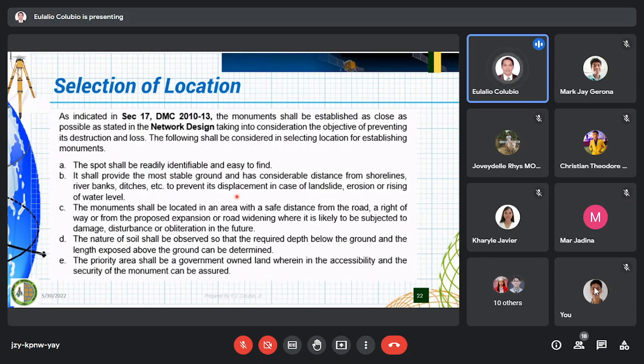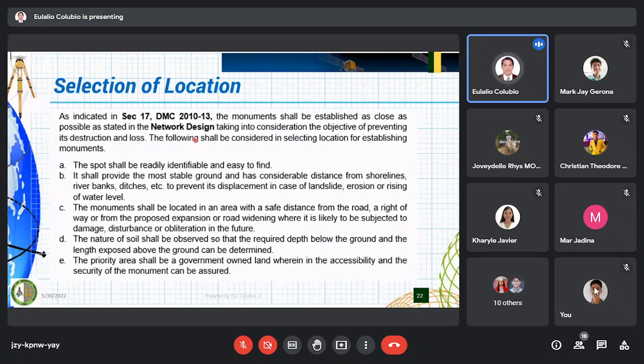As indicated in DMC section 17, the monuments shall be established as close as possible to a stated network design, the triangulation network design, which should be followed.